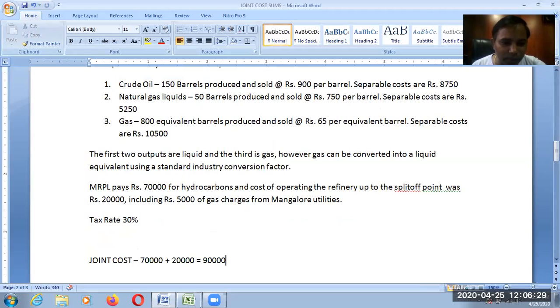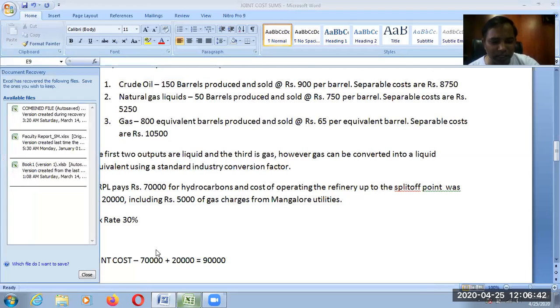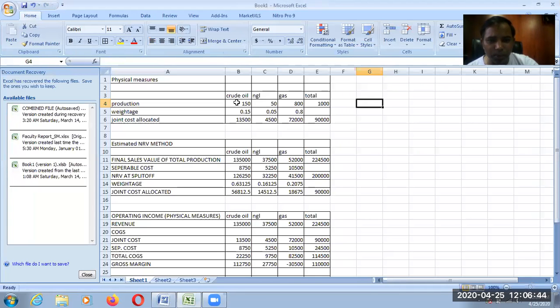You have three different products: crude oil, natural gas liquids, and gas. We need to allocate this joint cost. So let us try to understand the physical measures. This is the production unit. This is the production quantity of crude oil, natural gas liquids and gas: 150, 50 and 800.